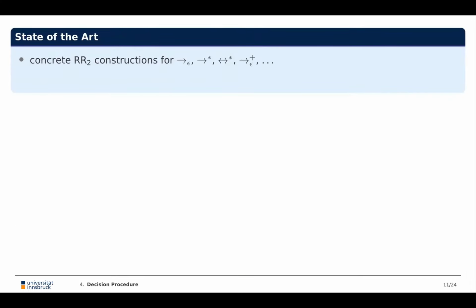So the state-of-the-art procedure uses ad hoc constructions for the automata representing all these binary predicate symbols. And here are just a few examples. There's many of them, of course. And there's individual methods for every one to construct the automaton, with the exception of a few, which can be obtained via closure operations of other relations.